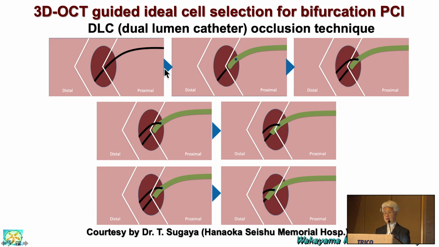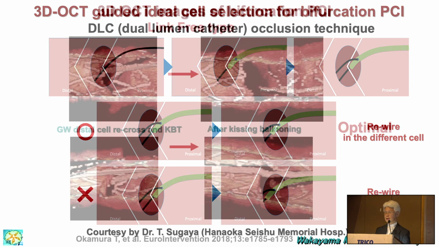But if you miss, you try to use the dual lumen catheter, and if you select a different cell through the other lumen and try to push in, and if it is difficult, the wire is in a different cell, so you may succeed. But if it is easy to push in, that means the wire is in the same cell, right? So Crusade or double lumen catheter is effective in this case, right? Wire in the different cell.